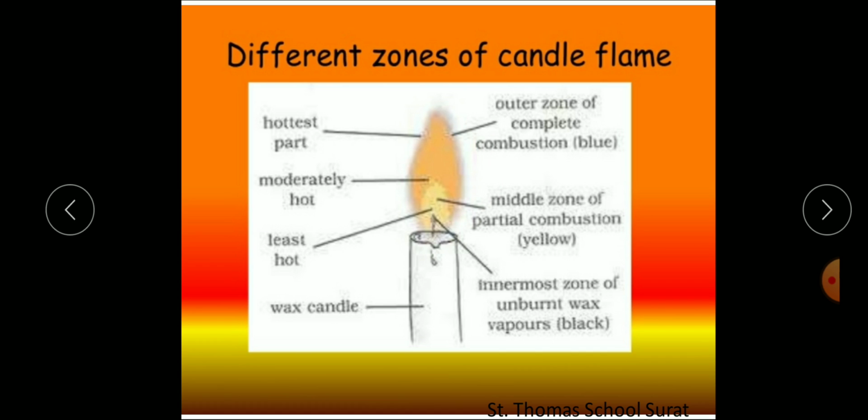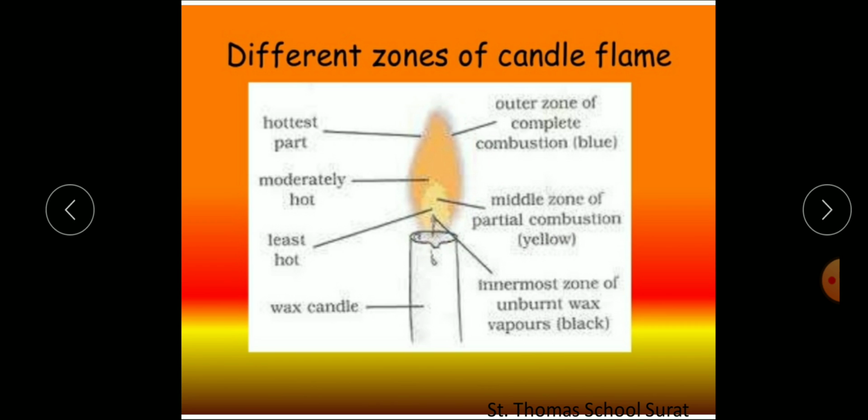Okay, it is blue in color. And the middle zone, there is partial combustion, means partially it is burning, and its flame is yellow in color. Innermost zone of unburned wax, it is black. You can see it is in center, it is black in color.